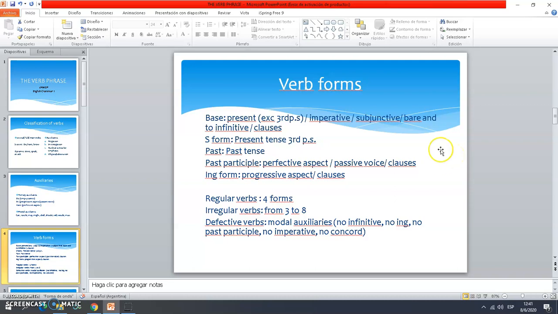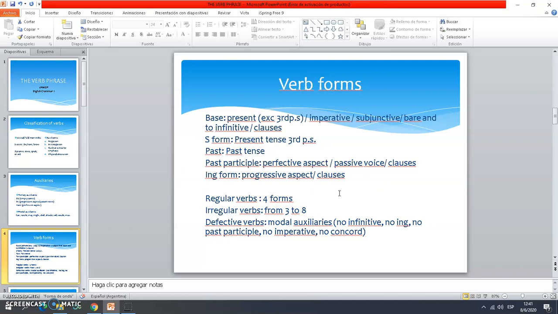Jorge is going to talk about non-finite clauses this week. And the ing form of the verb, which appears in the progressive aspect, preceded by the verb to be, and of course in ing clauses, which you will see may correspond to gerundial clauses or present participial clauses.